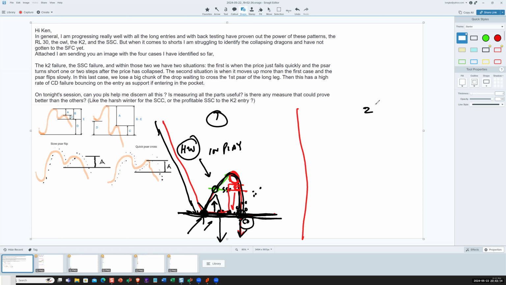Case number two occurs when you had an optimistic experience where you had the RL10 reversed and what you had was a strong upward move. Let me paint that in green. So now what I had was a successful SSC.